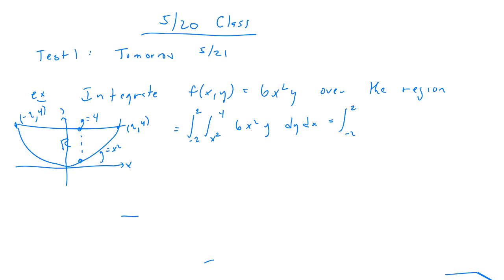Partially. 6x squared and then times y squared over 2. So we're going to get a 3x squared y squared. Here you have to remember that we're plugging in for y.